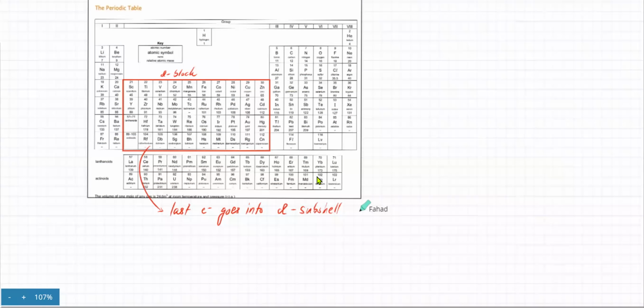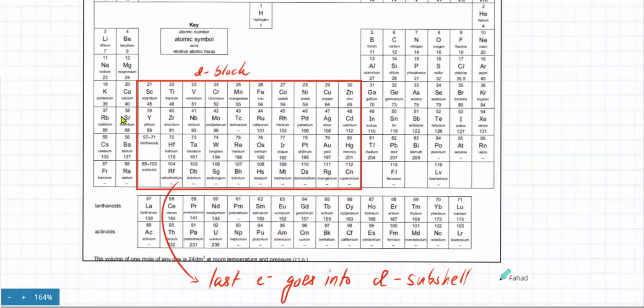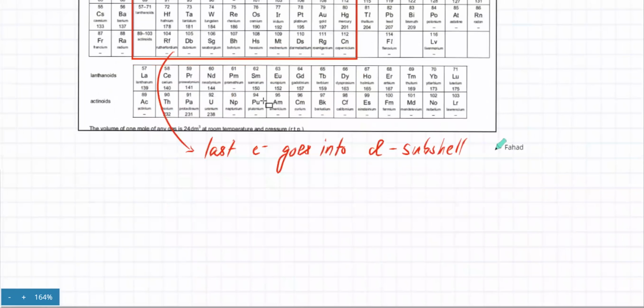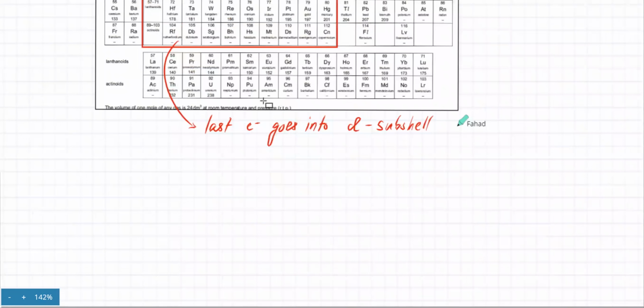So you can pick any element, and we're going to focus on the top row, most of the elements in the top row over here. So it's scandium, titanium, vanadium, etc., chromium, manganese, and we're going to try and write the electronic configuration of a few of the elements. Starting with scandium, remember these are d block elements.